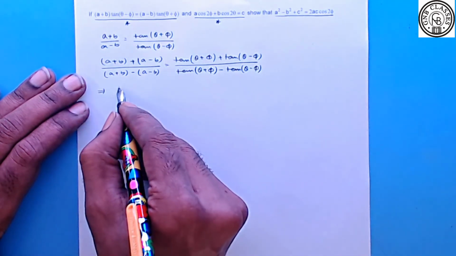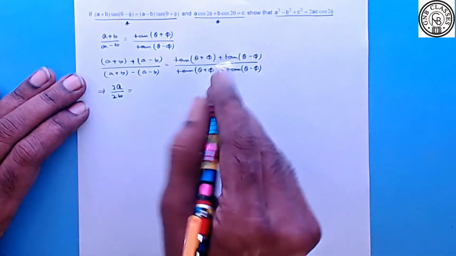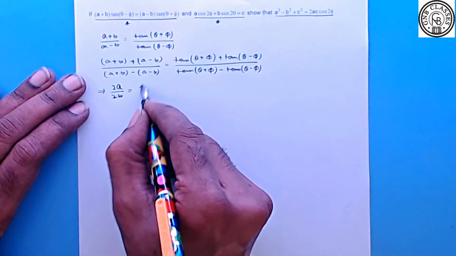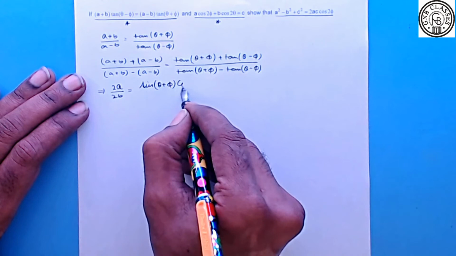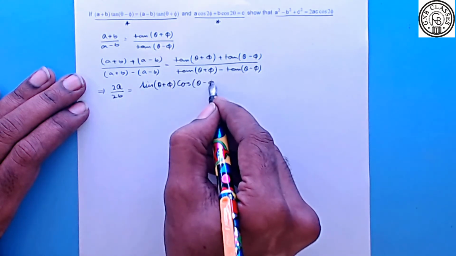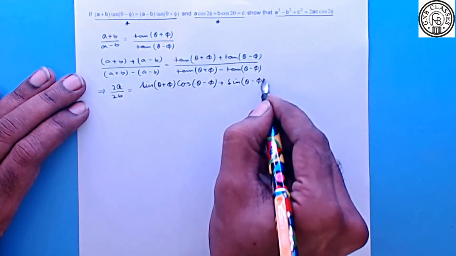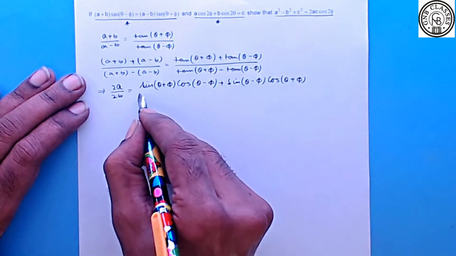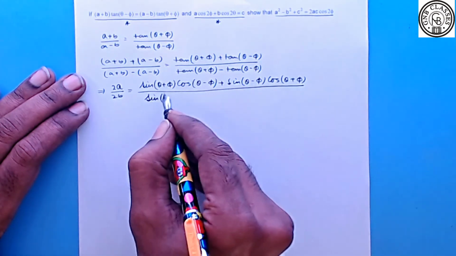On the left hand side we have 2a by 2b, and on the right hand side, if we convert everything in terms of sine and cos, we are going to have, and in the denominator we have the same thing but with a minus sign.